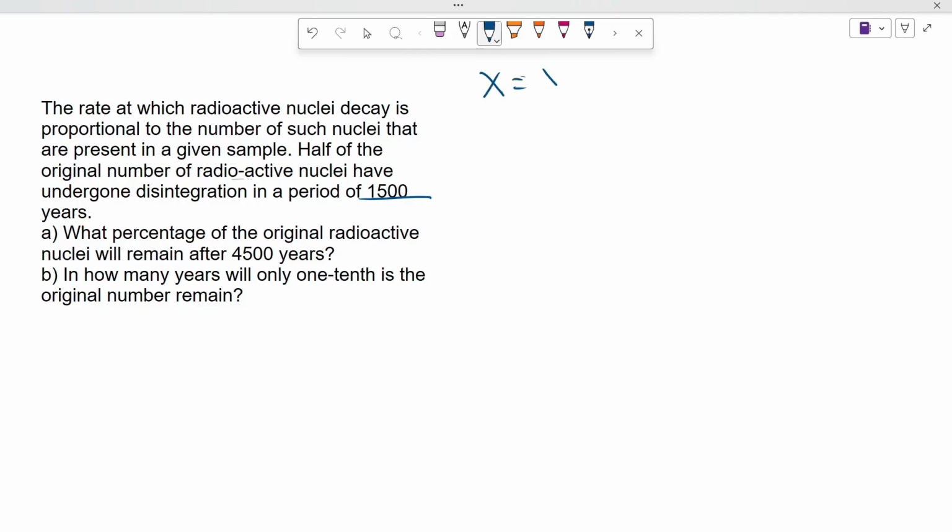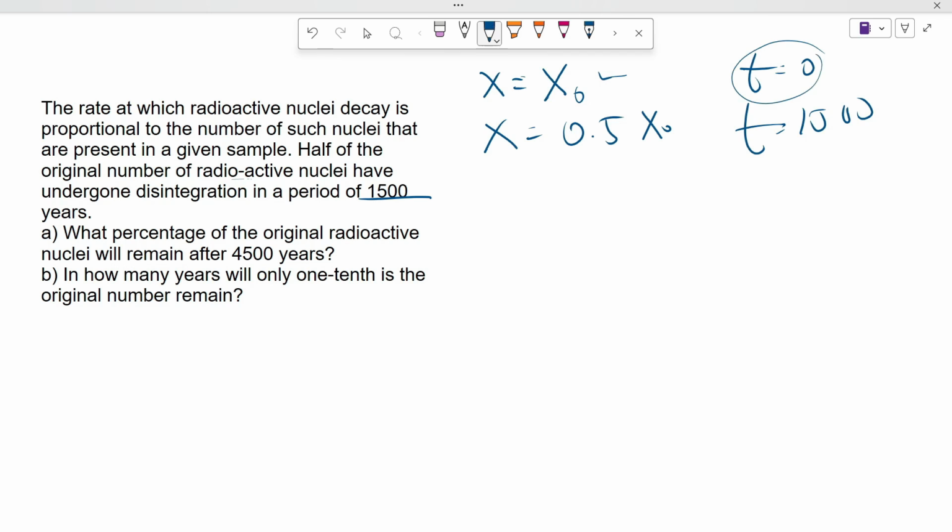So, the problem didn't say anything about x, so x is equal to x initial. But it said that after 1,500 years, it will decay by half. So, at x initial, the time is 0. But at 0.5 of initial, the time is 1,500 years. The problem says half of the original number, the original number is X sub O, of radioactive nuclei have undergone disintegration in a period of 1,500 years.